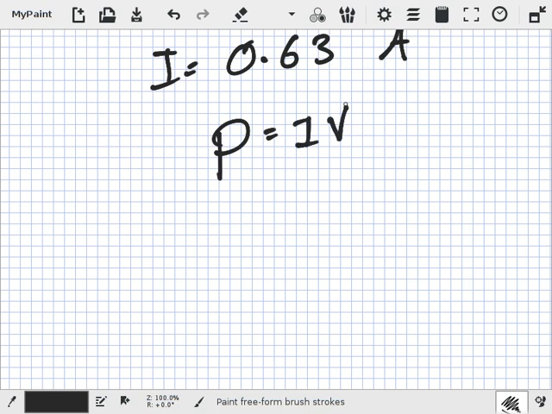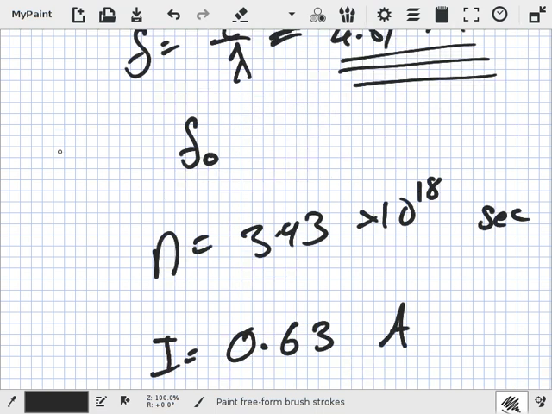The power that comes out of the solar panel must equal, by conservation of energy, the power that goes in. And where is the power coming from? Well, it's coming from the light. But also I suppose electrons are freed. No, then it gets a bit complicated. Actually, I left it out for a reason. Forget I said anything. That is the end of the question. I'm not adding in any extra parts. 0.63 amps.